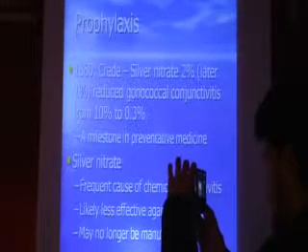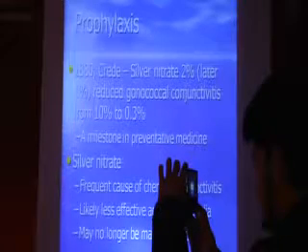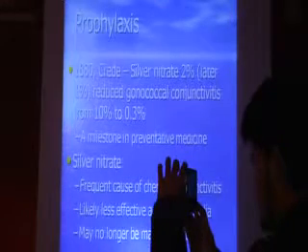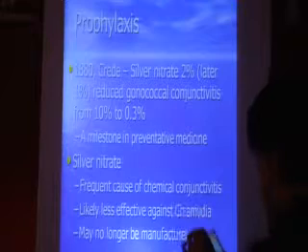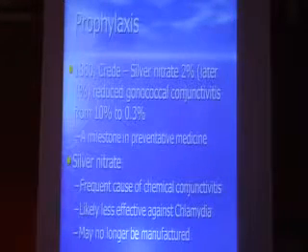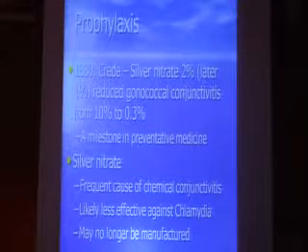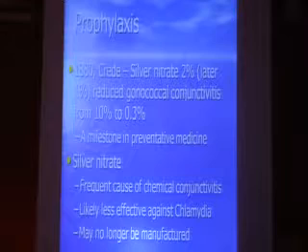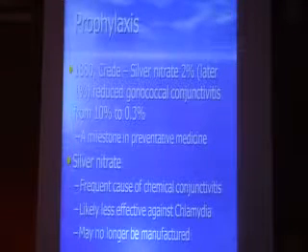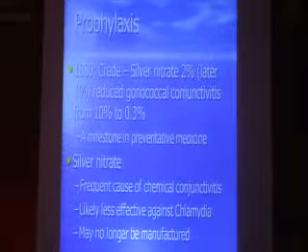Prophylaxis. An interesting story that I'm going to try to summarize in 2 or 3 minutes. Prophylaxis began in 1880. A doctor named Credé in Germany discovered that he applied silver nitrate 2%, later reduced to 1%. He decreased the incidence of gonorrheal conjunctivitis in his hospital from 10% of all babies born to 0.3%.